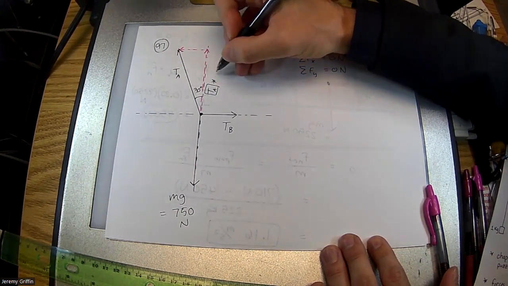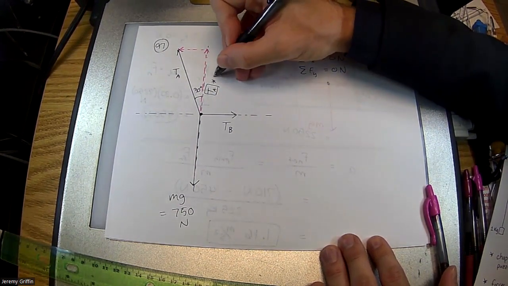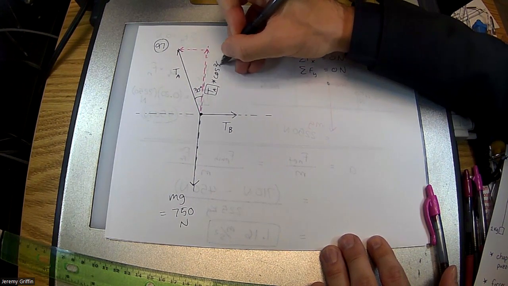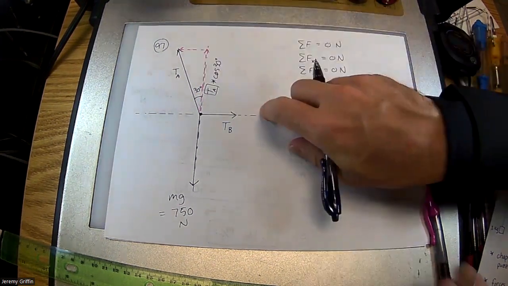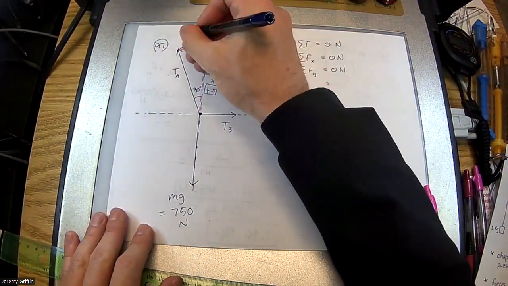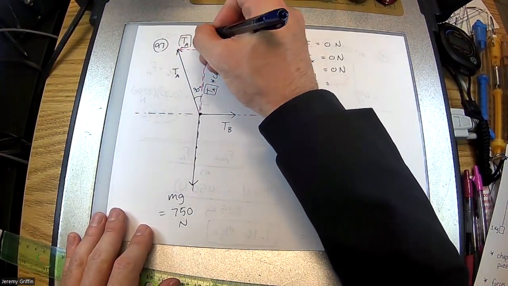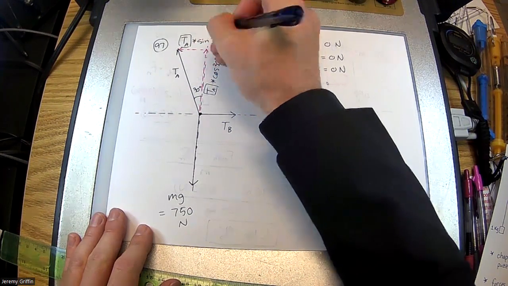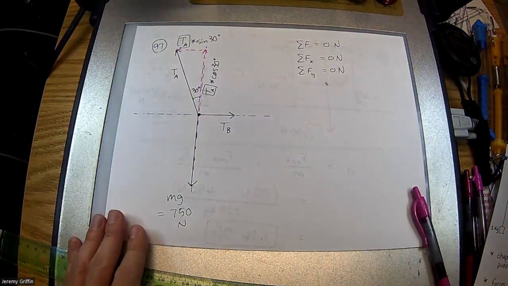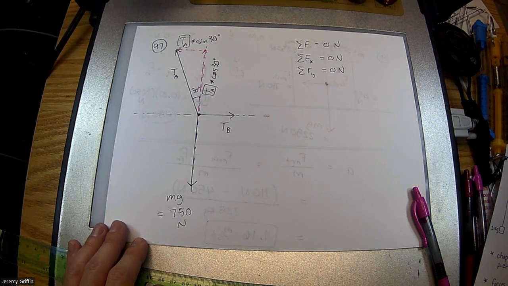Sine or cosine of 30 degrees? Cosine, because we're going from hypotenuse to adjacent. So this one must be that tension times sine of 30 degrees, because it's opposite of 30 degrees. Okay, are we good?